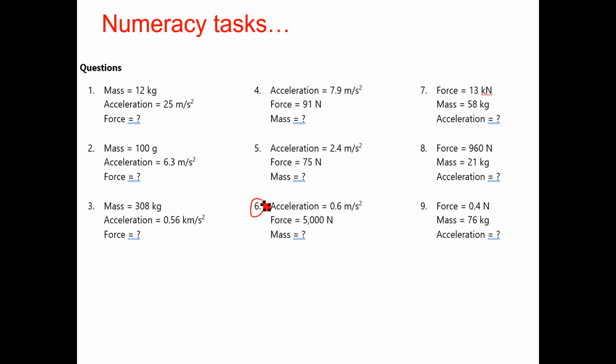Next, number 6. Again, we start with our equation, F equals ma. We are asked this time to work out the mass. So again, we rearrange this equation. The mass is force divided by the acceleration. We check our units. Well, one number is quite large, one's quite small, but the units are correct. If the units are correct, we don't need to worry about the numbers.